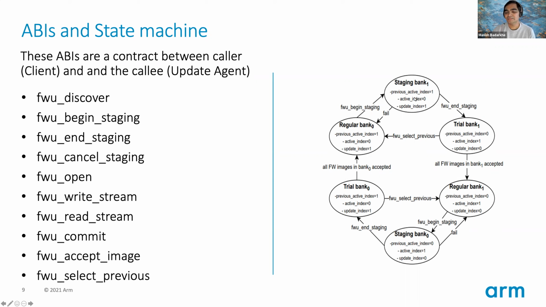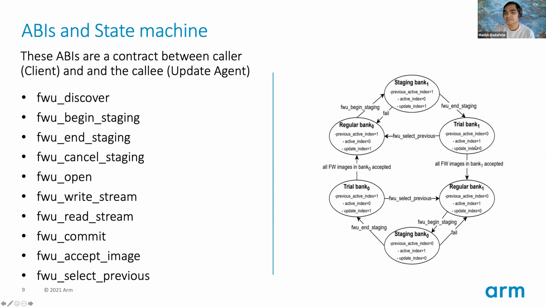Once this is done, the client again sends the call to the update agent to end the staging. Once the staging ends, we update the active index to 1 because bank 1 got updated. So on the subsequent reboot, active index equal to 1 is used by the TFA for the authentication purpose.